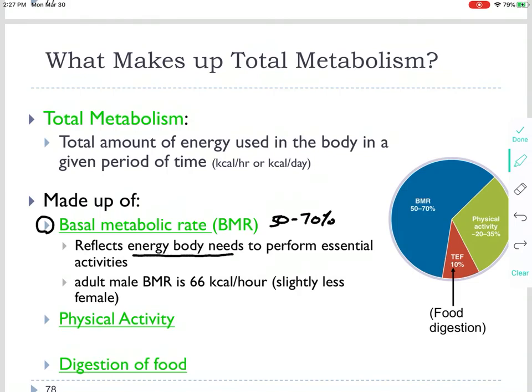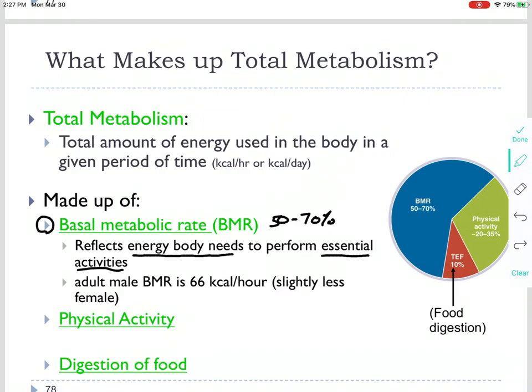So basal metabolism are the chemical reactions just needed to keep your organs going at rest. I think it's surprising to many people that the largest part of your metabolism is occurring just to keep your organs going, even at rest.